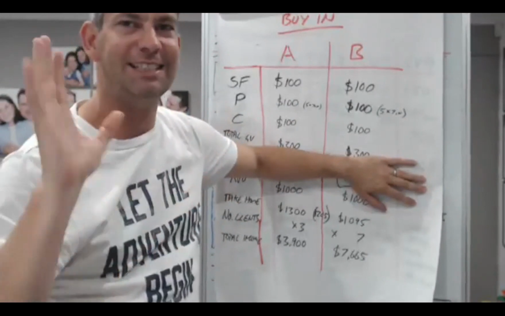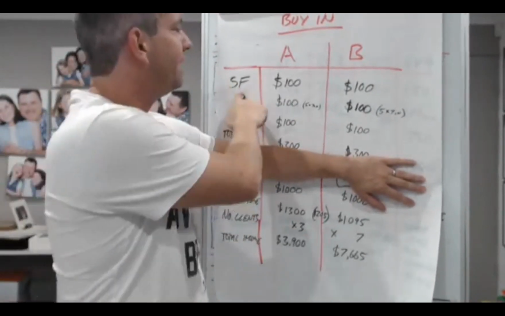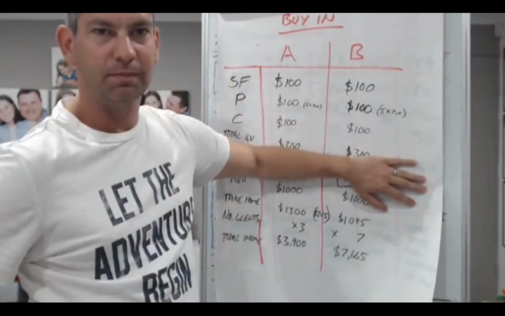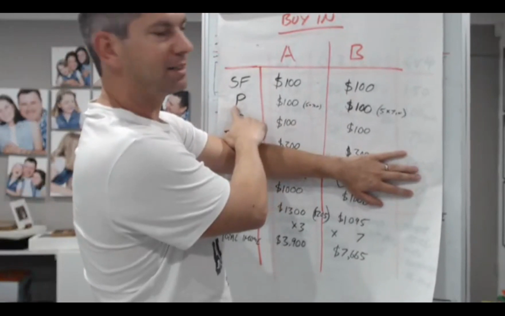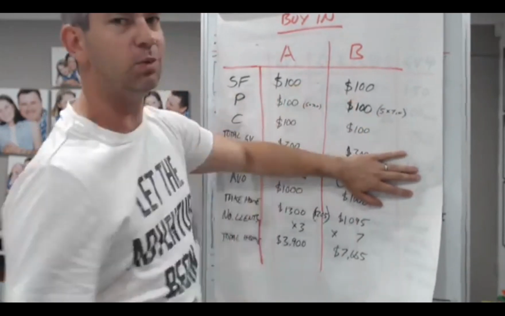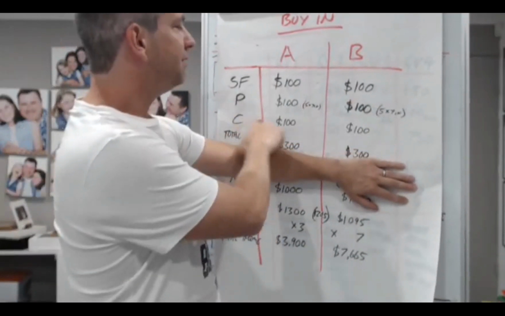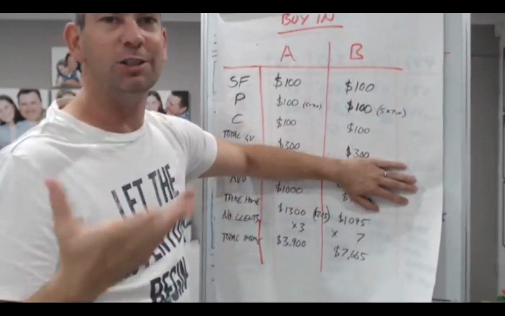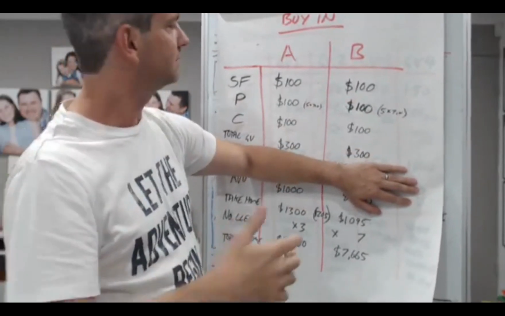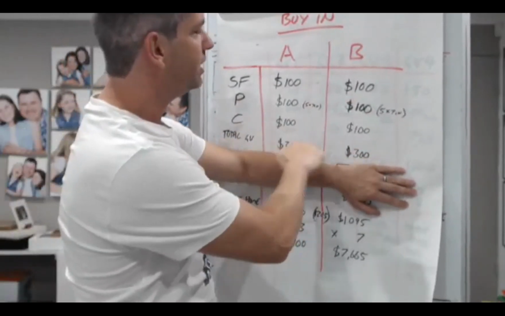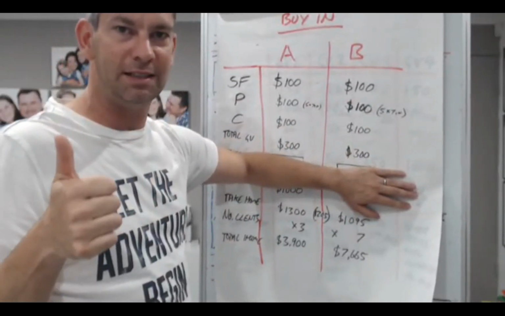Both of you have a shoot fee that's worth $100 each. Just go with me here. Both of you have a print, which is a 7x5, worth $100 each. And then both of you are going to give me credit of $100 to put towards additional stuff. So the total value is $300. Does that all make sense?